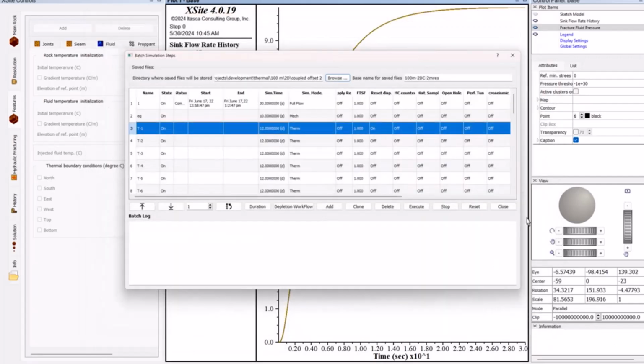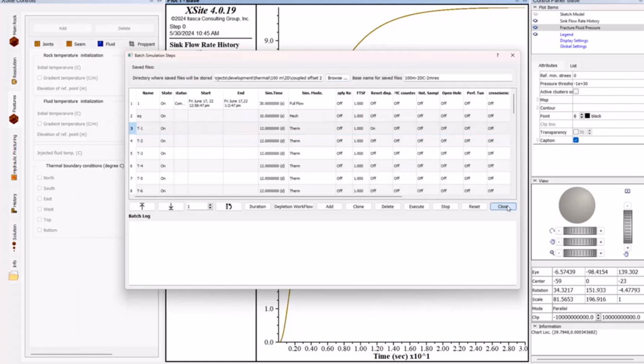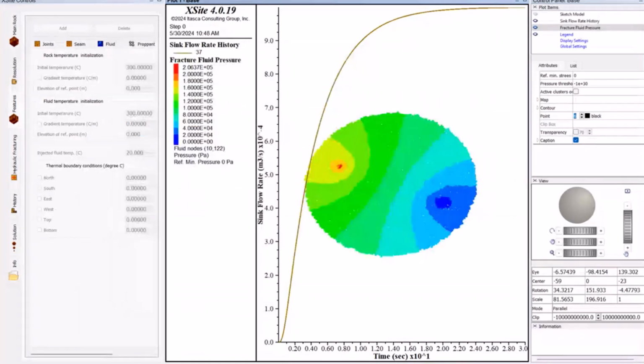So what I'll do now, I'll restore the final state. I think this state corresponds to the state of the model after 1 year.